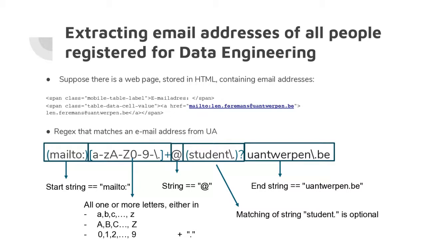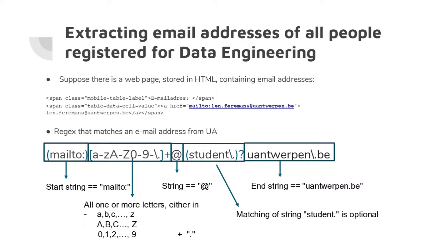So here's the example. It starts with mailto. That means I want to match all strings starting exactly with these characters. Then it has square brackets, and you have A-Z, capital A until capital Z, 0 till 9, and then slash dot.